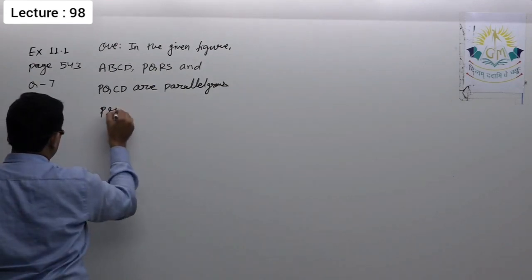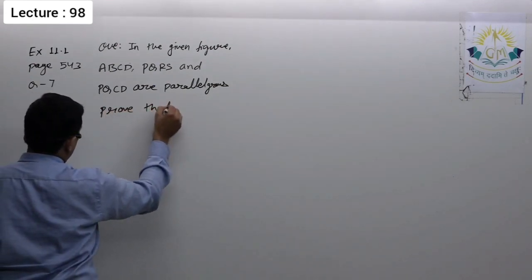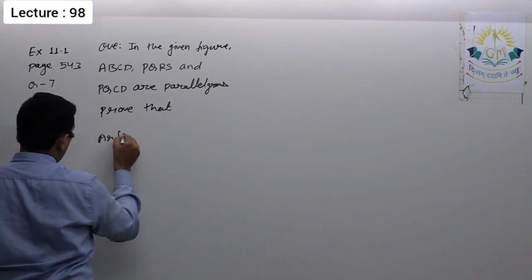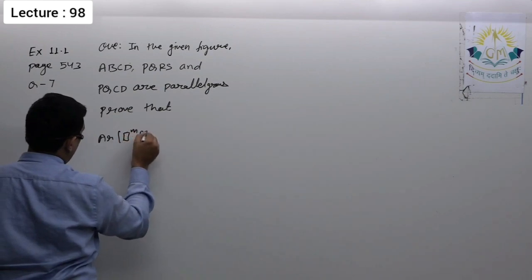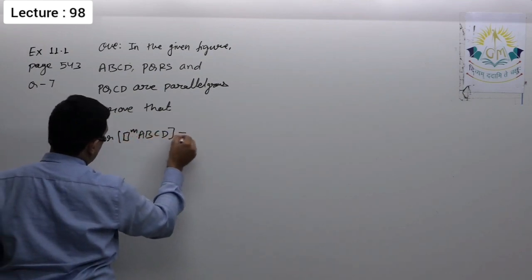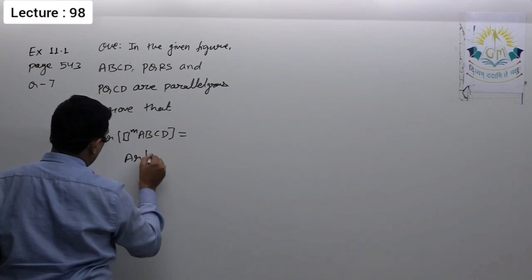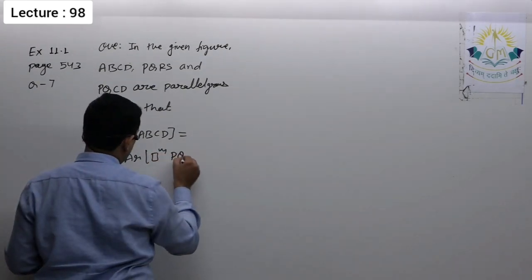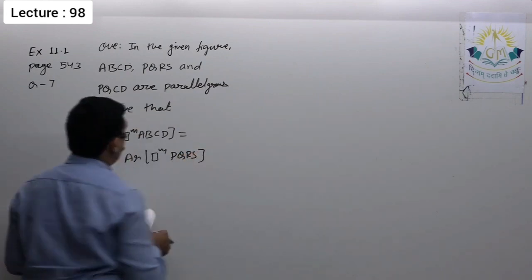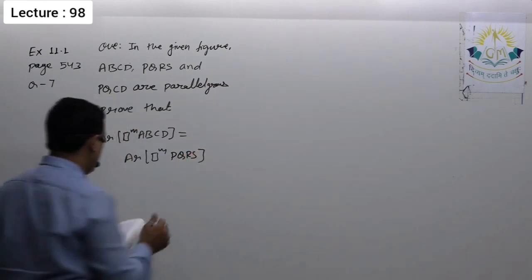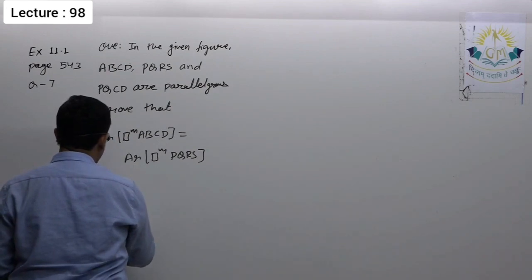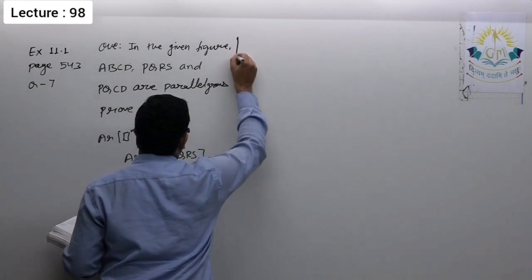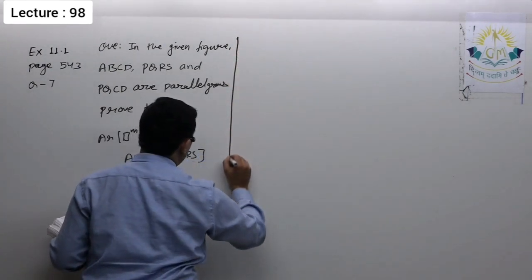Prove that the area of parallelogram ABCD is equal to the area of parallelogram PQRS. One diagram is given, and on the basis of the diagram we have to prove that the area of parallelogram ABCD is equal to the area of parallelogram PQRS.